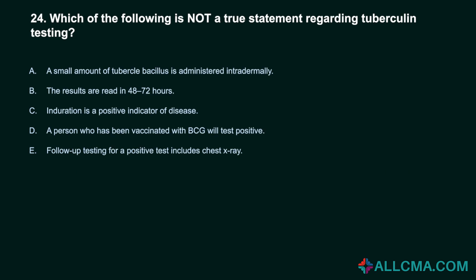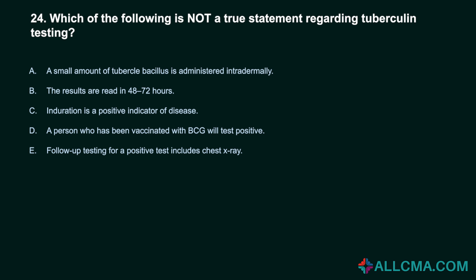24. Which of the following is not a true statement regarding tuberculin testing? A. A small amount of tubercle bacillus is administered intradermally. B. The results are read in 48 to 72 hours. C. Induration is a positive indicator of disease. D. A person who has been vaccinated with BCG will test positive.